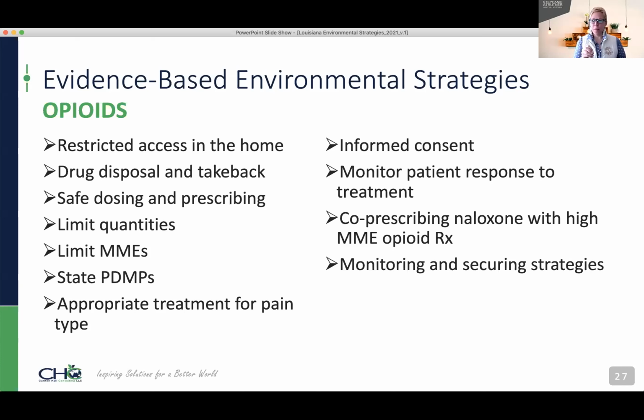And I'll say that in the community where I worked, we really focused in on MMEs and working with physicians and other prescribers to make sure that they were aware of what was an appropriate dose, and also alternative treatment approaches, recognizing that there are 4 types of pain.